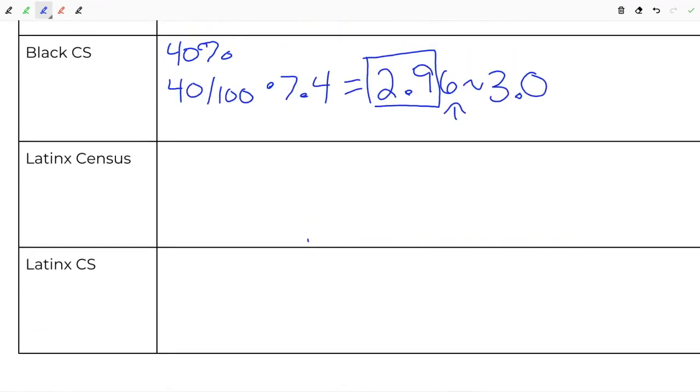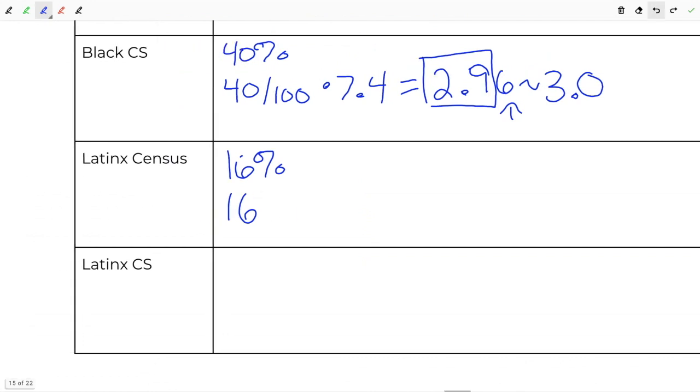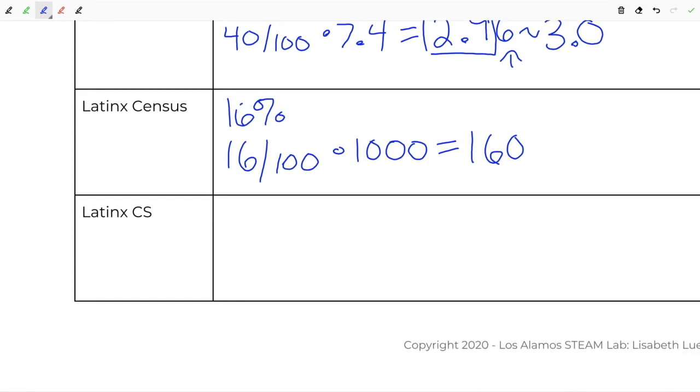Okay. Our Latinx population is, we've got 16% of the general population is Latinx. So 16 per 100 of the people on our lawn, which is 1,000 of them, are Latinx, which means 160 of them are Latinx.